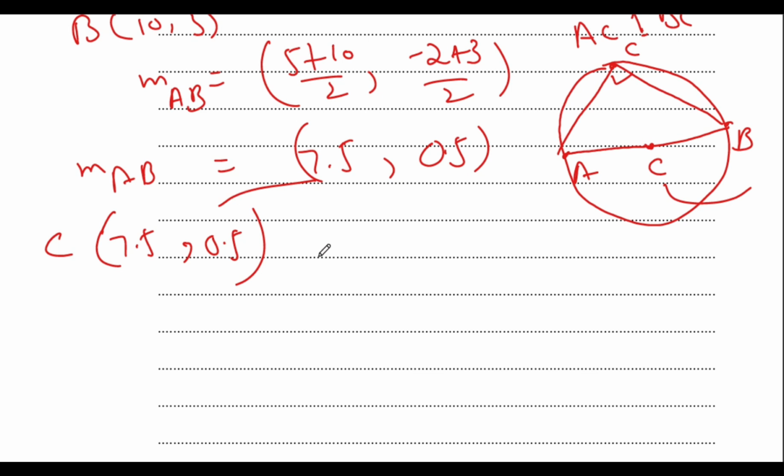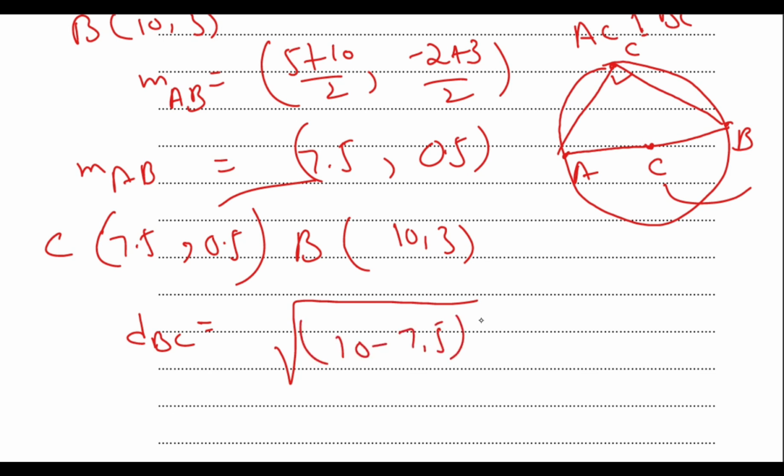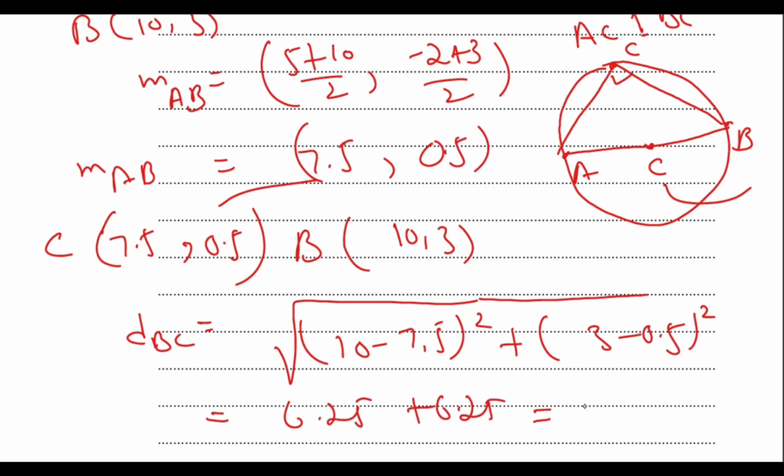And B coordinates are 10, 3. By using the distance BC, we will have (10 minus 7.5) square plus (3 minus 0.5) square. At the end we will get 6.25 plus 6.25, 12.5.